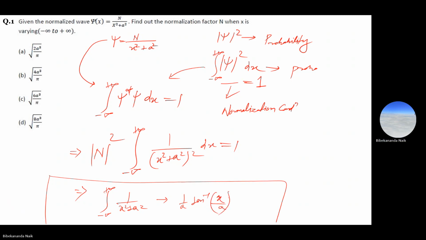So we have to convert this integration to a different integration so that we can use this formula. First, we will take the integration from minus infinity to plus infinity of dx divided by x square plus a square, which is 1 by a tan inverse x by a with limits minus infinity to plus infinity.